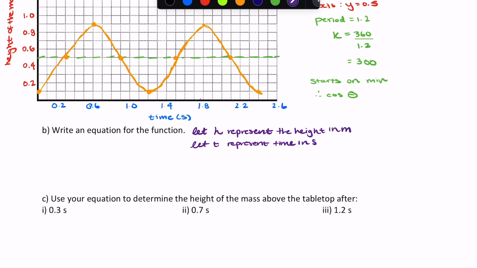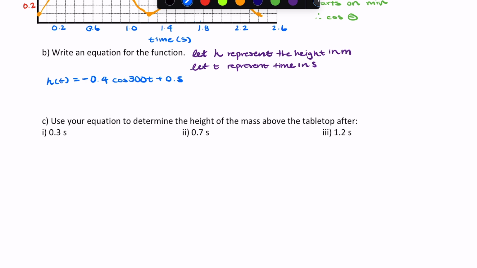Again, it starts on a minimum, which means our cos function is negative. So we have h of t is equal to negative 0.4 cos 300 t plus 0.5, where our amplitude is 0.4 and our k value is 300.